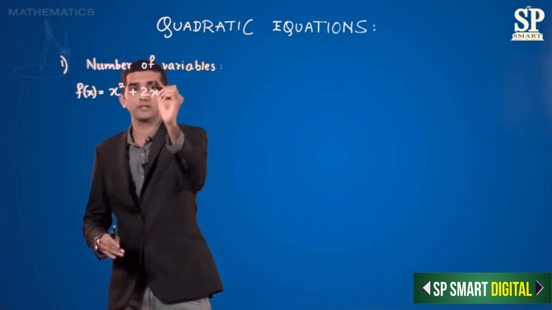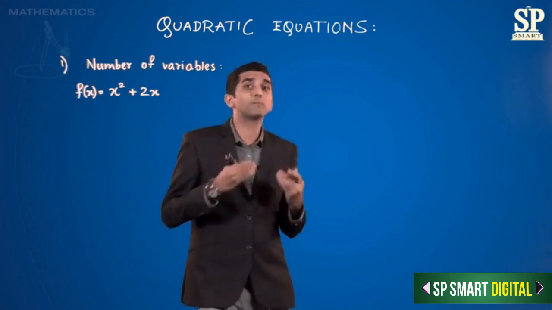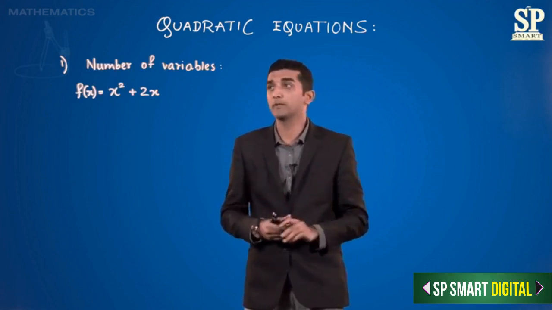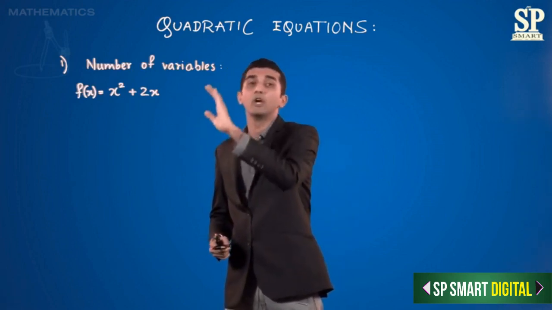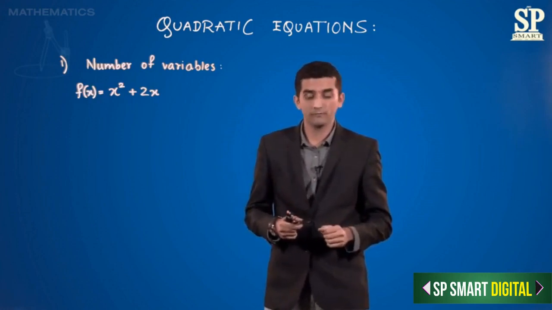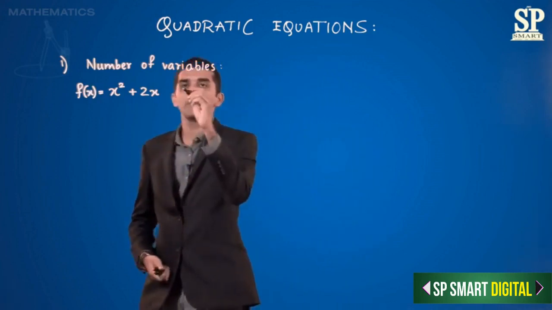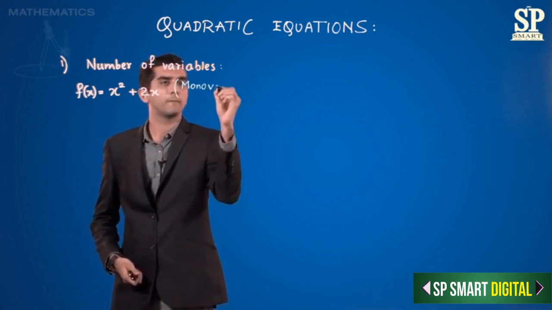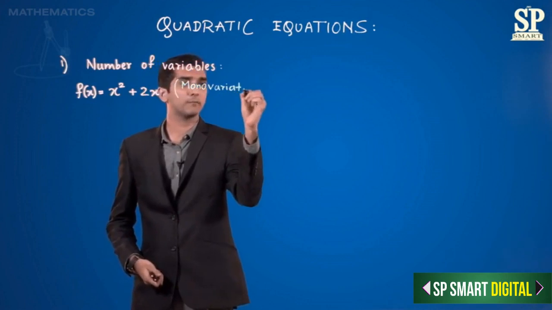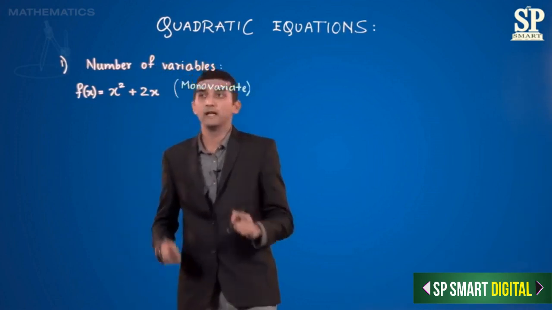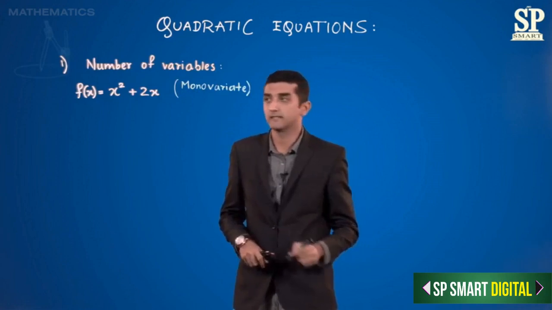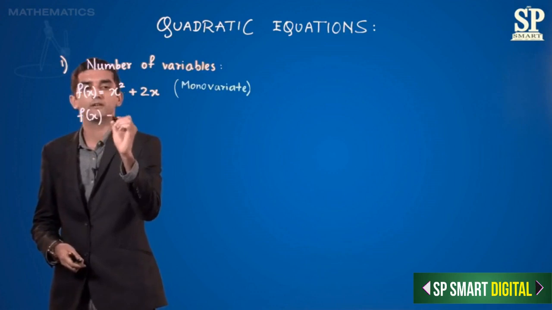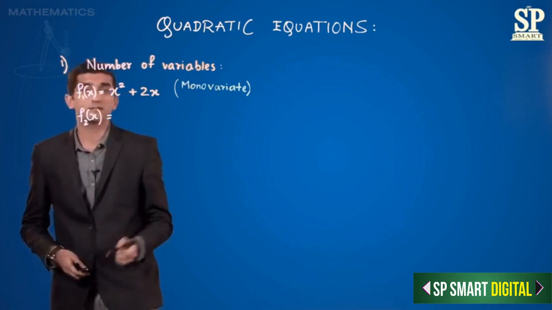You can say x square plus 2x is an expression, is a polynomial, and right now it is a monovariate polynomial because we are classifying this polynomial only on the basis of number of variables. So this will be a monovariate polynomial. Why is that? Because there is only one variable and the variable is x. Now if I write a new polynomial, let's call this f1(x), let's call this f2(x).